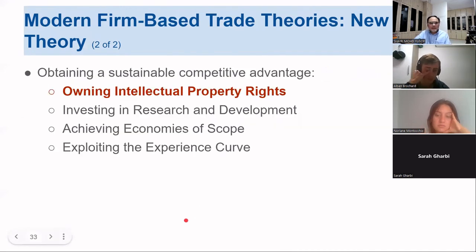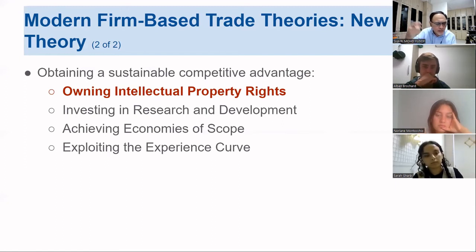In trying to obtain a sustainable competitive advantage, new trade theory says that for firms competing in the global marketplace, there are 4 ways to sustain their competitive advantage. When you go global, you have to sustain your competitive advantage.